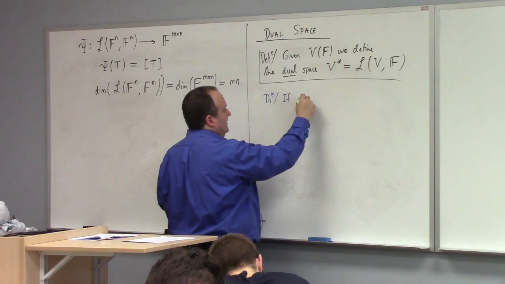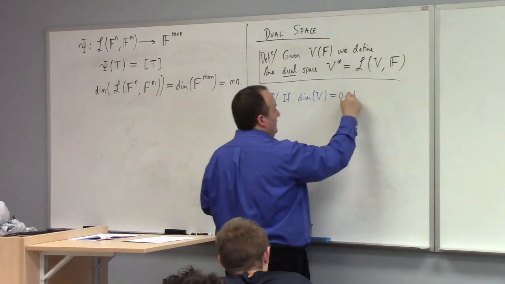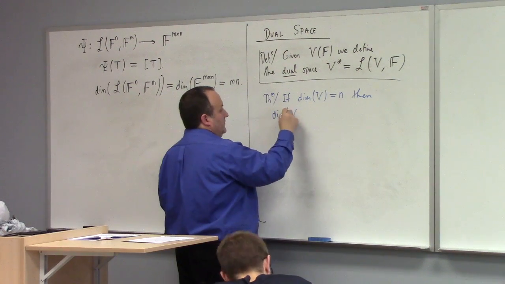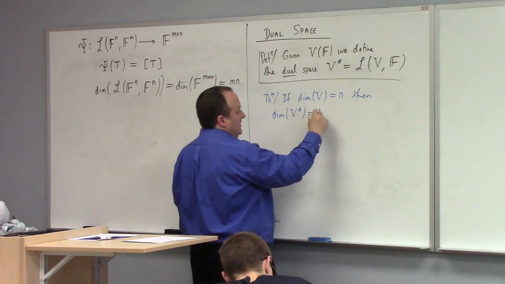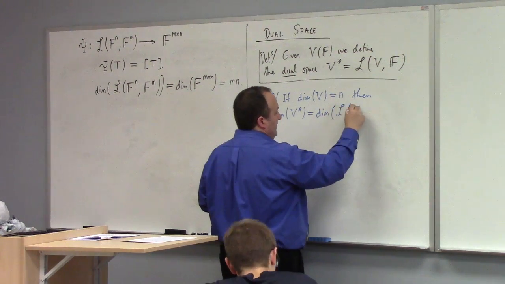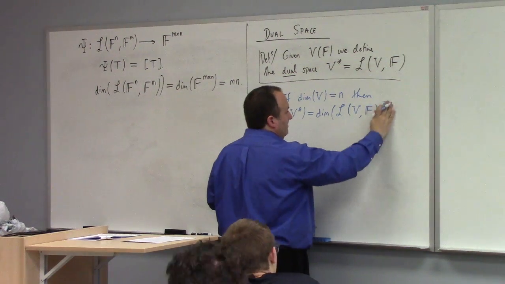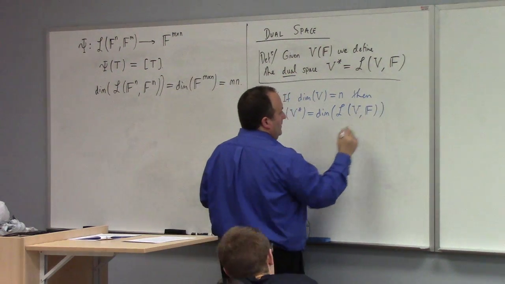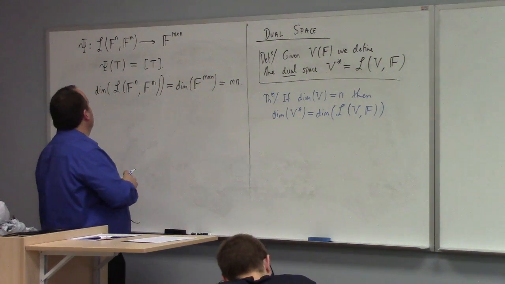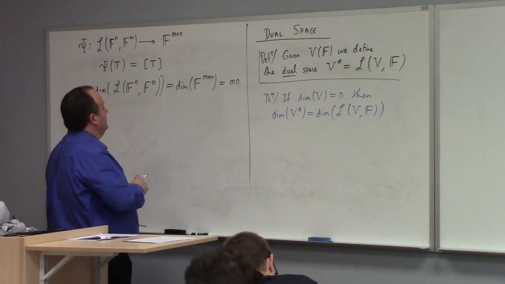If the dimension of V is equal to n, then the dimension of V dual is the dimension of the set of linear transformations from V to F, right? But I wasn't greedy enough over here.